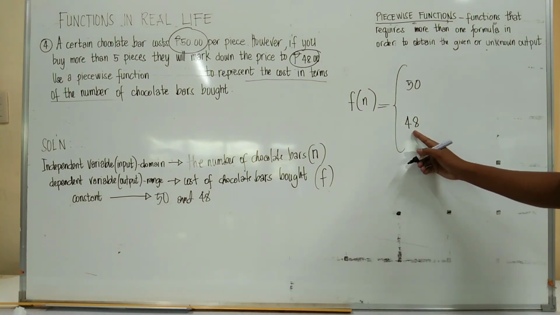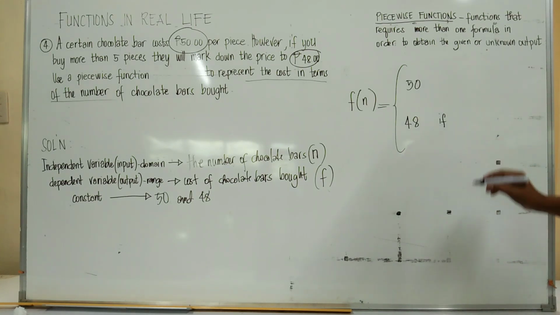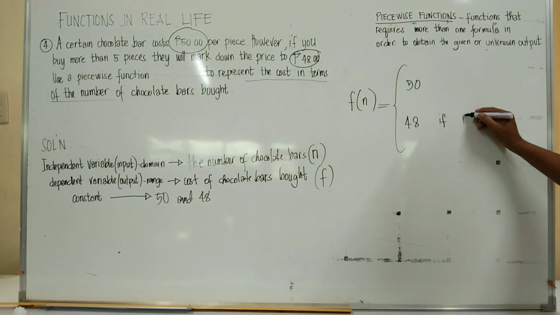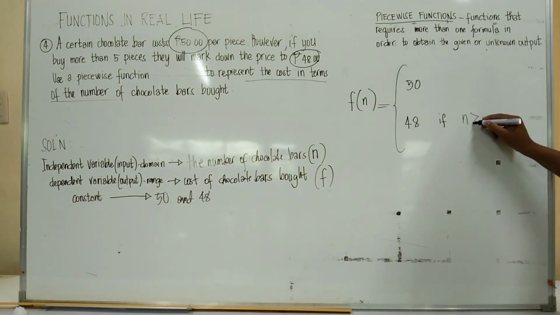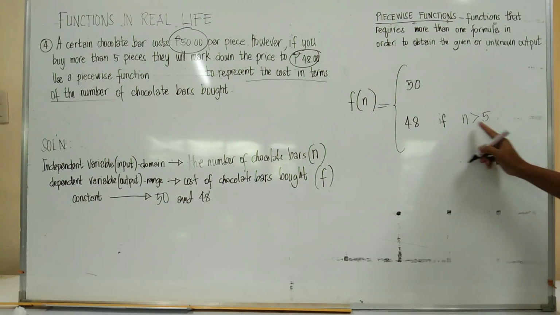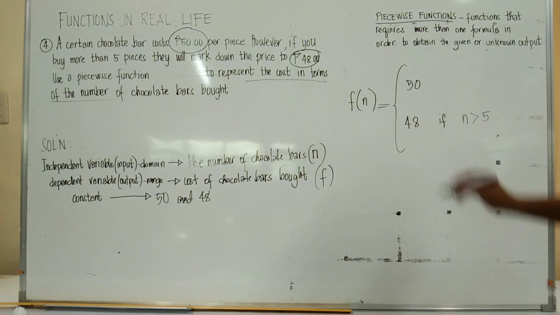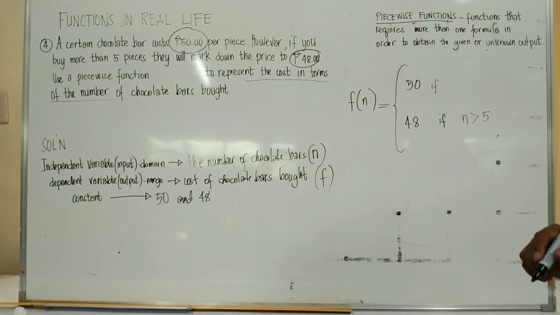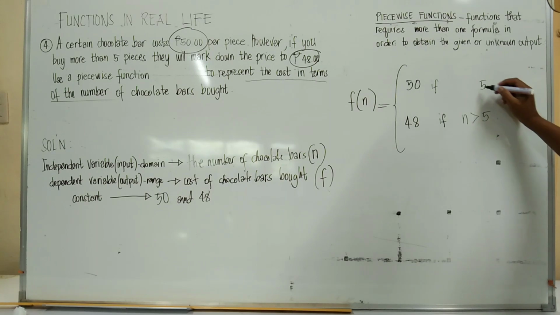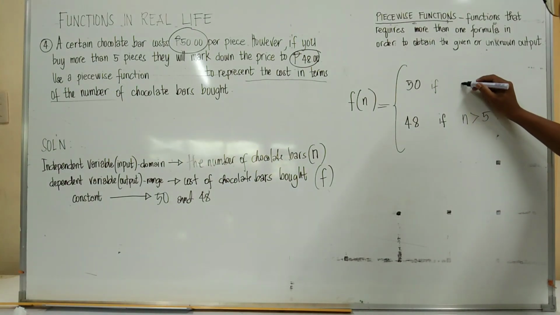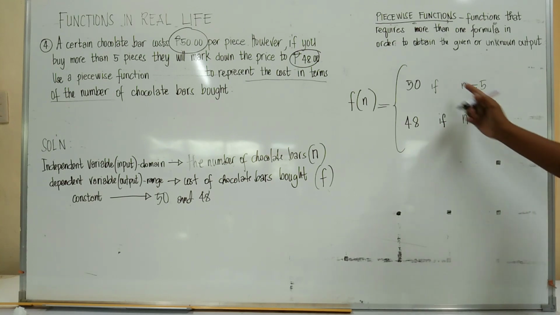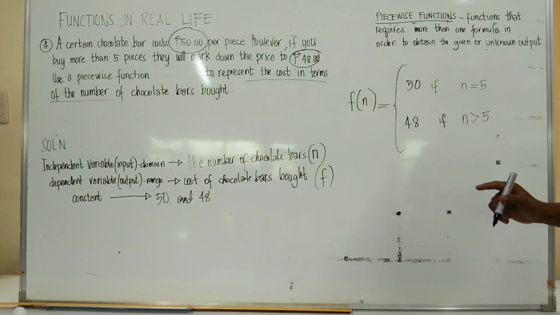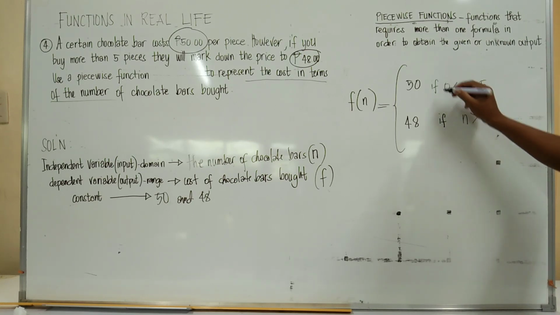So you will pay 48 if you will buy, n denotes the number of chocolate bars or number of pieces. So if you will buy more than 5, you will pay 48 pesos. Okay, what if you buy 5? So that will be equal 5. What if you only bought 5 pieces? Okay, so as stated in the problem, you will pay 50. And we will add 0.